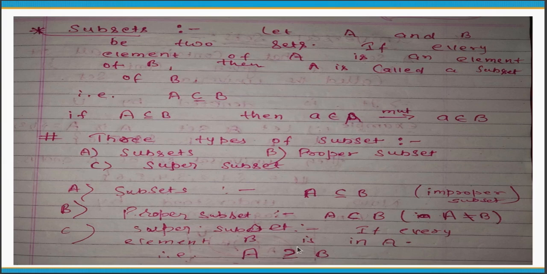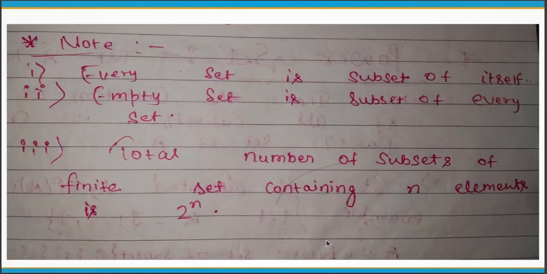Superset: if every element of B is in A, then A is a superset of B. This is the denotation of superset. It is the opposite direction of the proper subset symbol. All elements of set B contained in A is known as a superset.